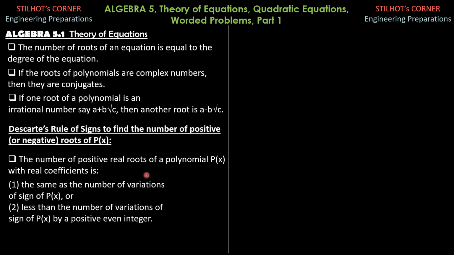So that's why it is also possible that there will be no positive real roots of the polynomial. So 0 can also be possible.